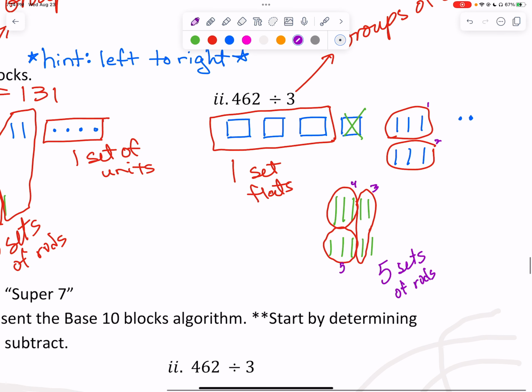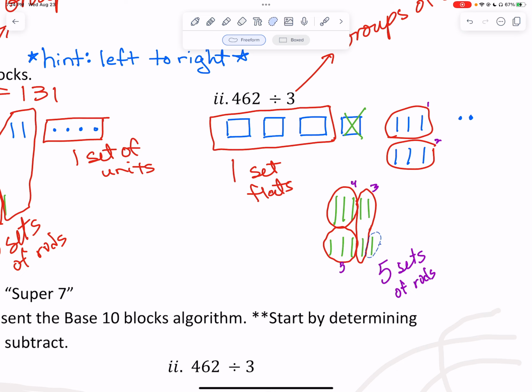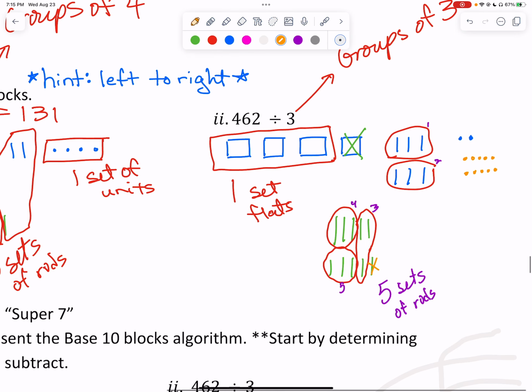Well, look, we have this lone rod sitting here. That lone rod, we're going to have to split it up, right? So let's split it up into 10 units. I think that's 10. Yep, that's 10. So I took that rod and I broke it into units. And now, once again, we're looking for sets of 3.